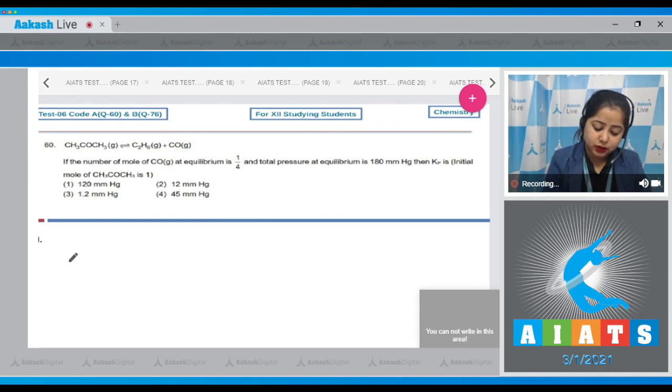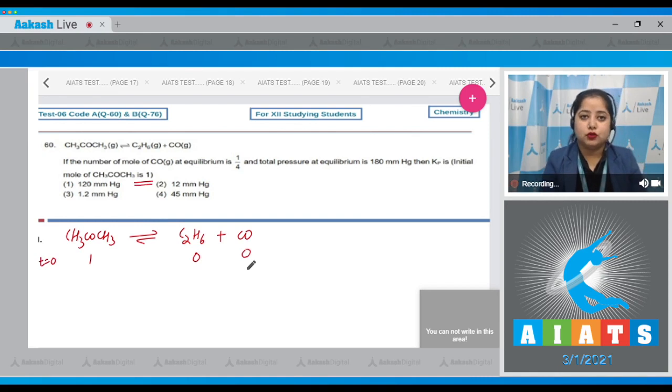So student, here first of all I'm writing the equation, that is CH3COCH3 on dissociation gives C2H6 and CO. Now student, initially at time 0, this is 1 mole, it is already given, and at that time there was no product.